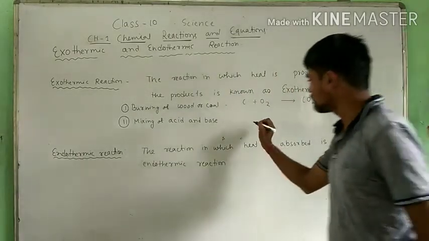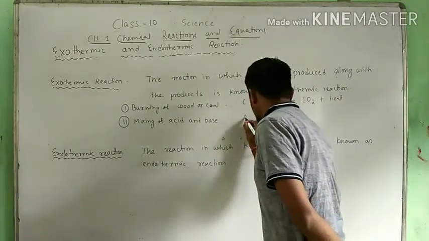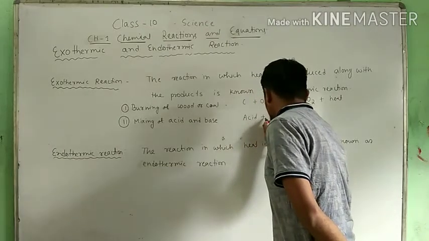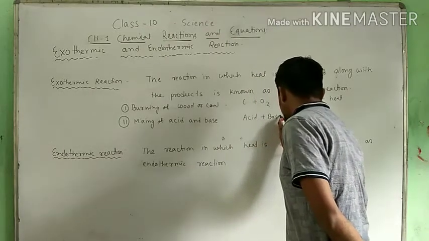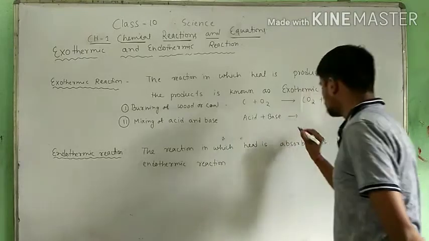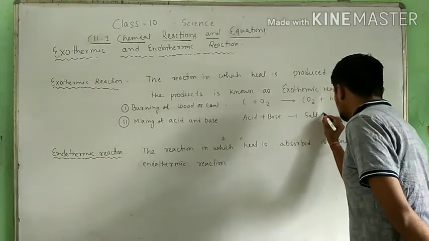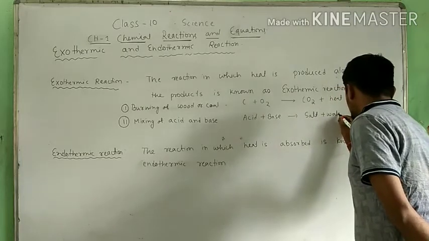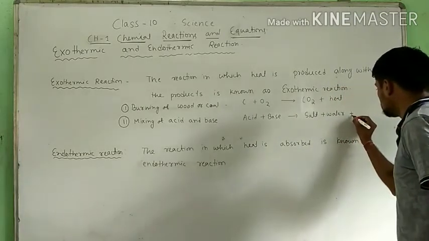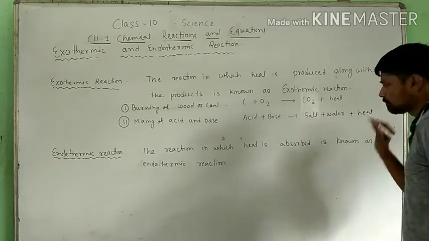So for example, we can write it as acid plus base produces salt, water and heat.